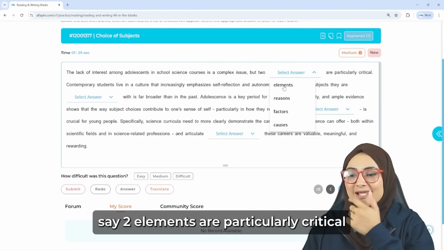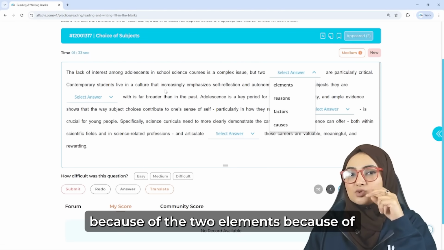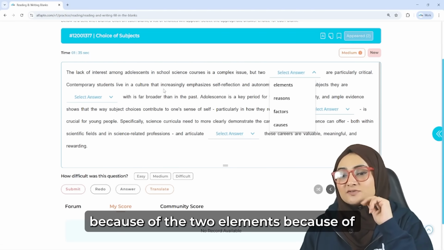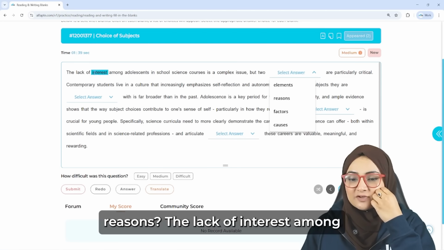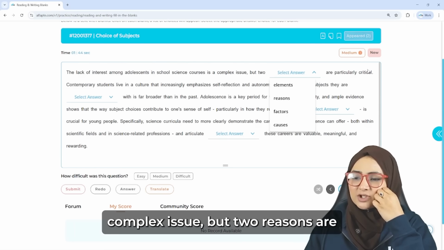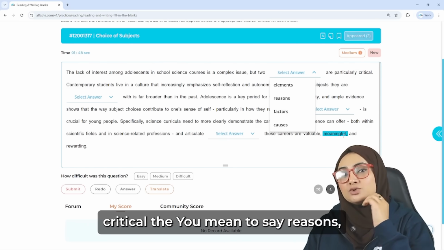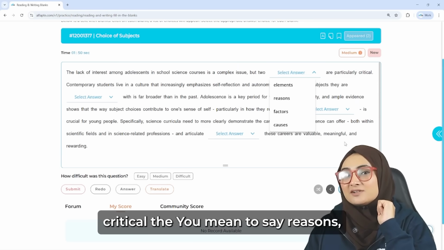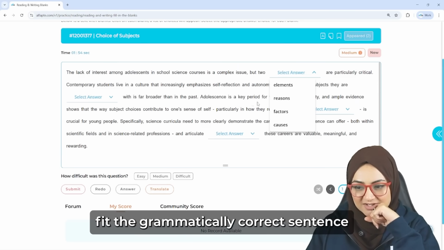You don't say 2 elements are particularly critical. They don't have interest in this course because of the 2 elements. Because of 2 reasons. Okay, but can you put reasons? The lack of interest among adolescents in school science course is a complex issue, but 2 reasons are particularly. Can reasons be particularly critical? You mean to say reasons, but you need a different word to fit the grammatically correct sentence.